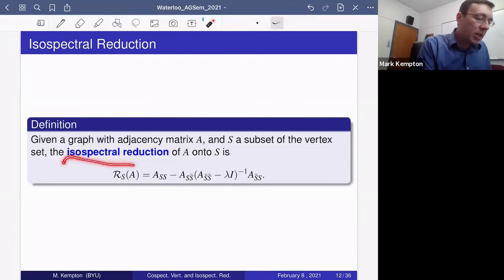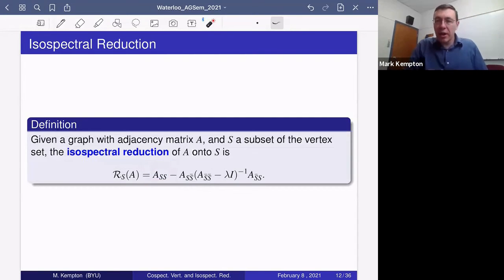The isospectral reduction of A onto that subset we denote R sub S of A. A sub SS is the principal submatrix of the adjacency matrix, and you subtract A sub S S complement times the inverse of A sub S complement minus lambda times the identity, times A sub S complement S.